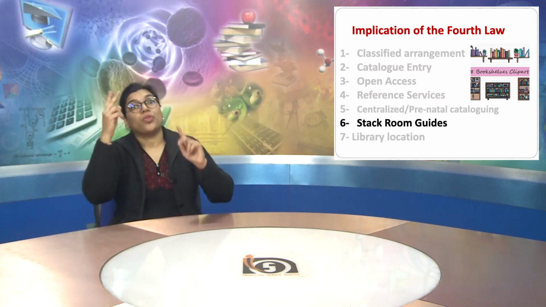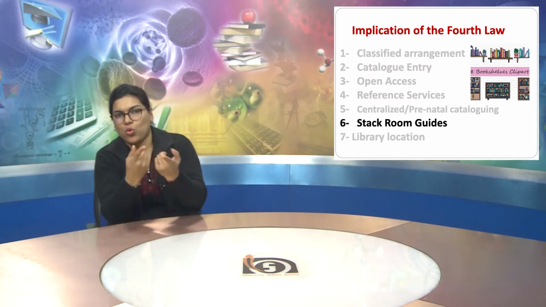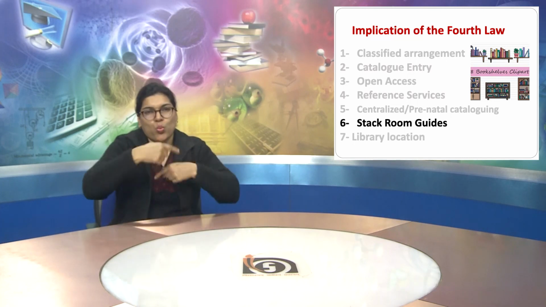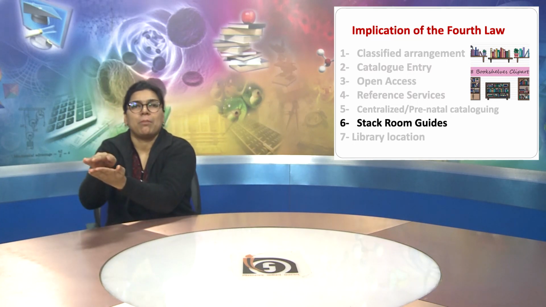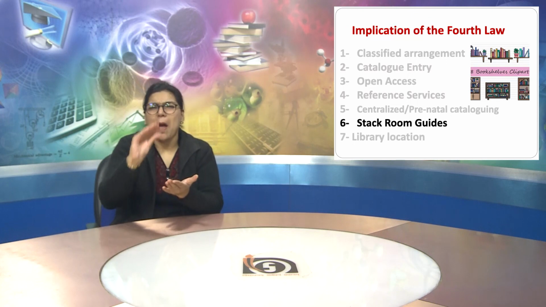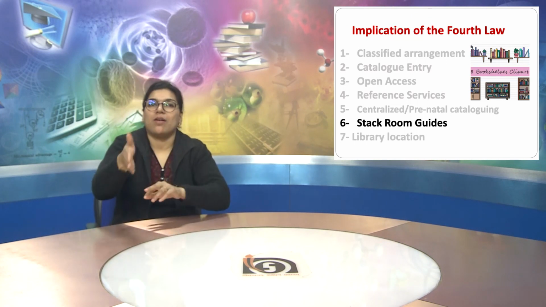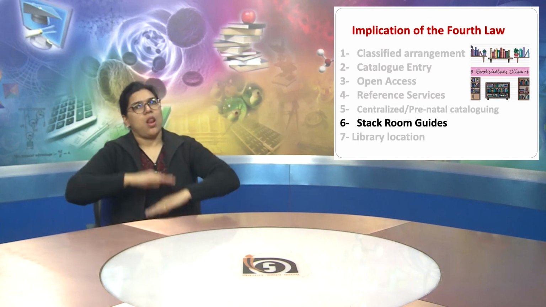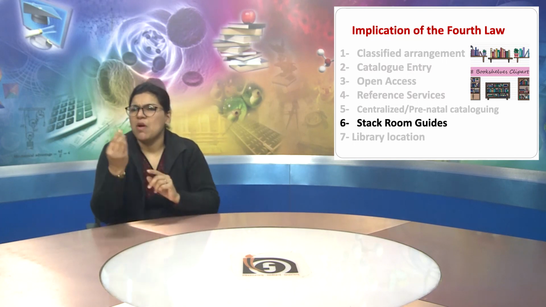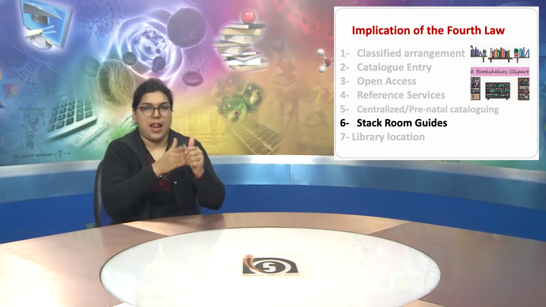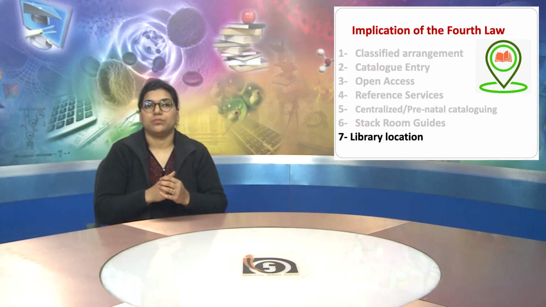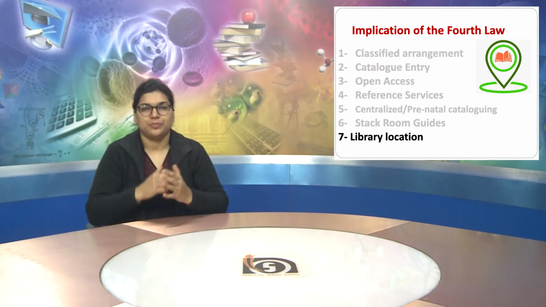The guides, along with placing tags, should enable the readers to find the books easily. The seventh implication of the fourth law talks about library location.